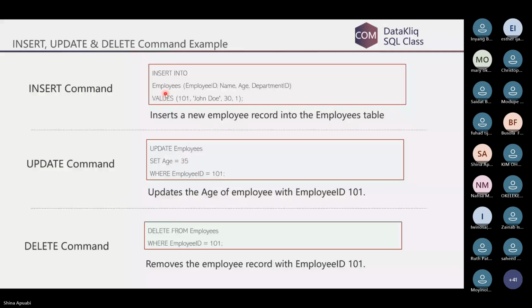It has these columns, these are the column headers: employee ID, name, age, department ID. Then what you are adding there are the values. Under employee ID, it's 101. Under name, it's John Doe. Under age, it's 30. You can see John Doe is in quotes because it's text, but once it is a number, we are free to go. Then department ID, maybe 1. So it means you are adding this new information to the system.